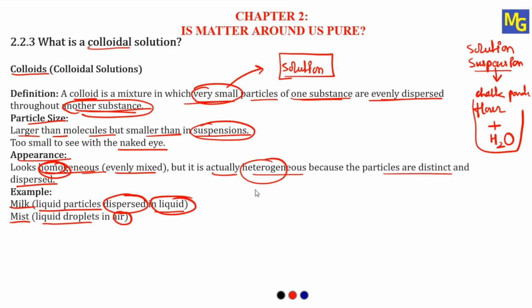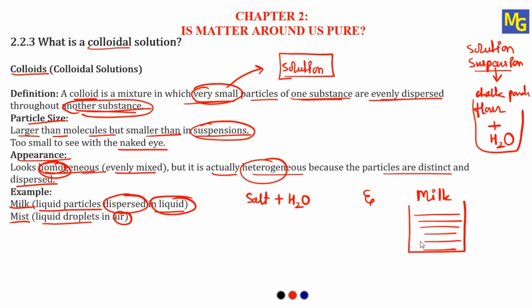Now you can imagine the solutions of salt and water and milk. So in case of milk, you can see it will be having water as well as the pure milk, but you can see a little bit of whitish in the appearance. But salt and water, if you see, it will look like complete water. You cannot see the salt. Even there will be no color for this solution.